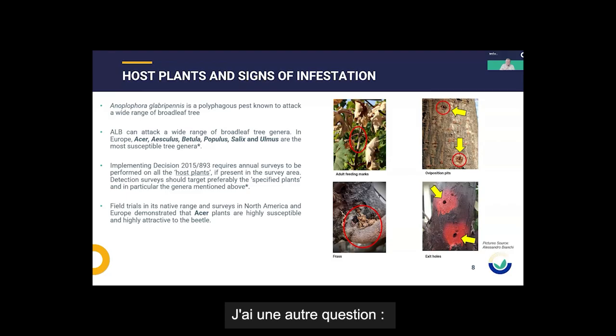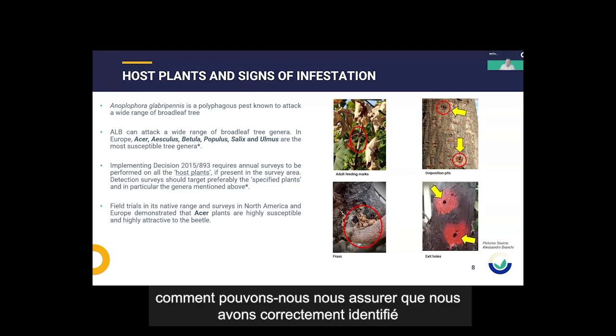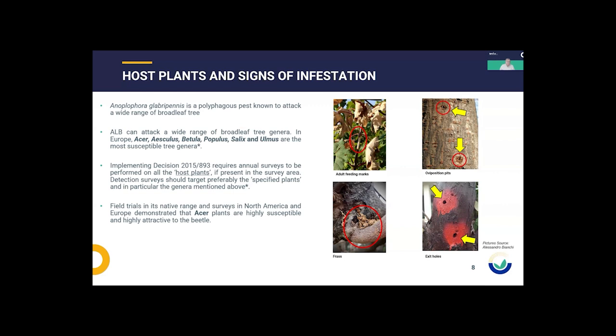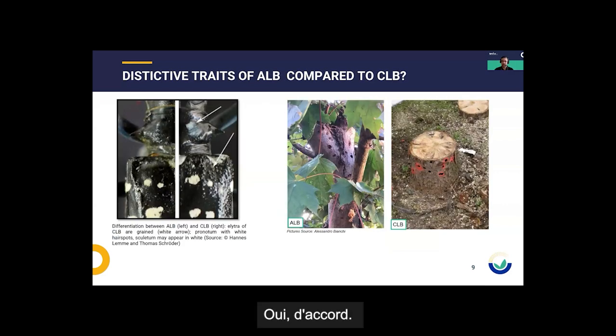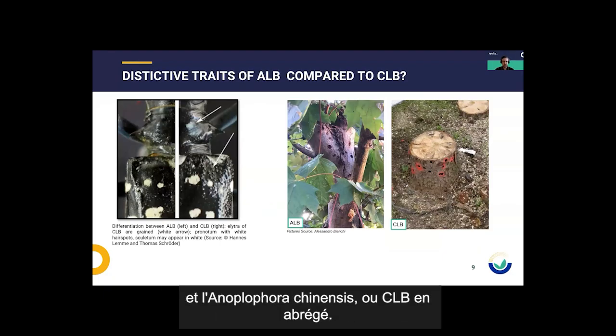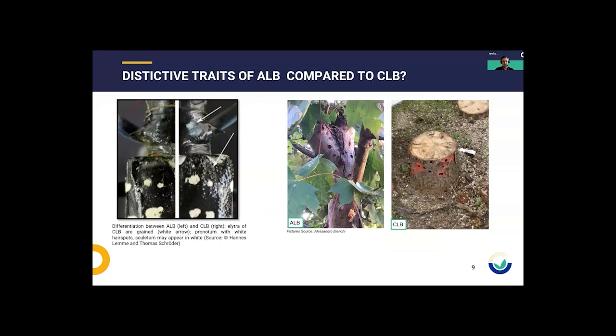Another point: how can we make sure that we correctly identify the ALB pest when similar species could also be present in the environment? Yes, in this slide we can see the main differences between ALB and Anoplophora chinensis, CLB for short.